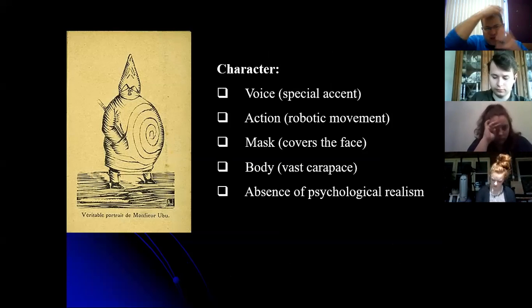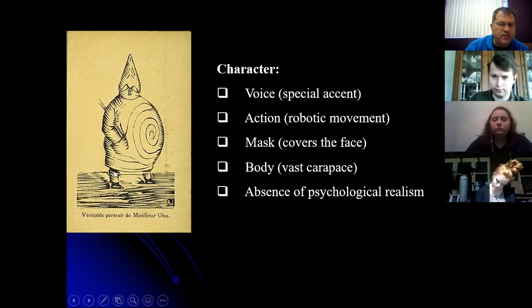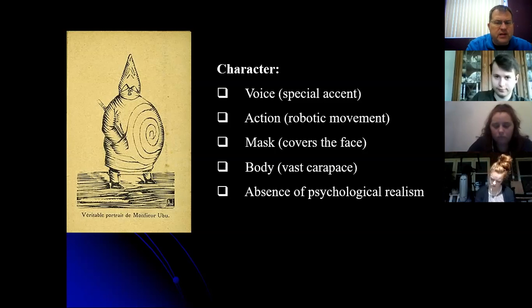He wants things that cover the head and the face, so you can't really identify the human being. He wants to change the body into a vast carapace. Notice here with the feet, they barely stick out the bottom of that thing, don't they? Can you imagine walking in that thing? But he wants an absolute absence of psychological realism.